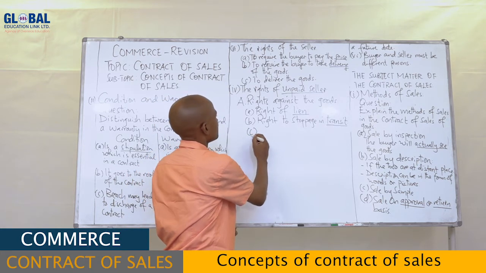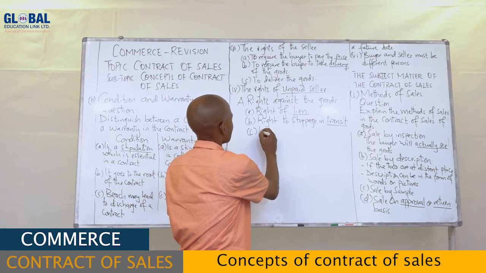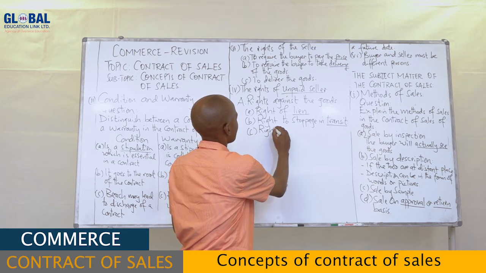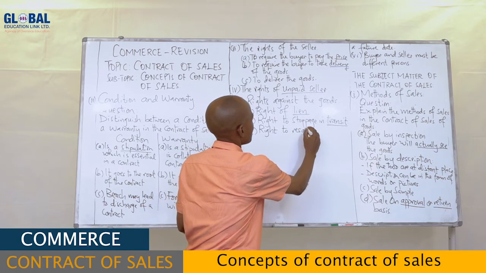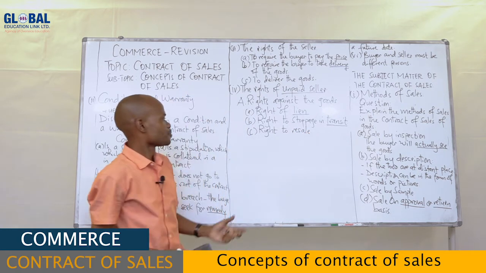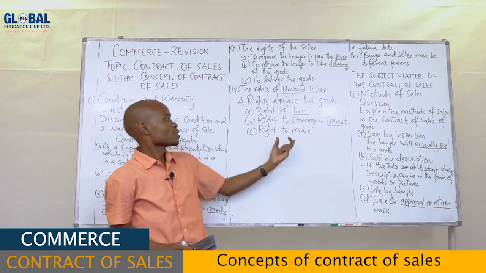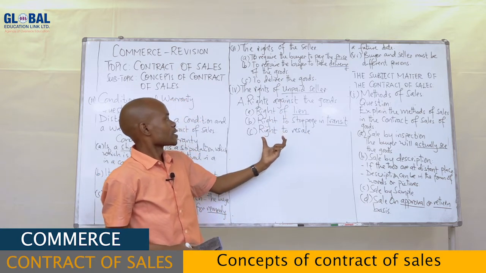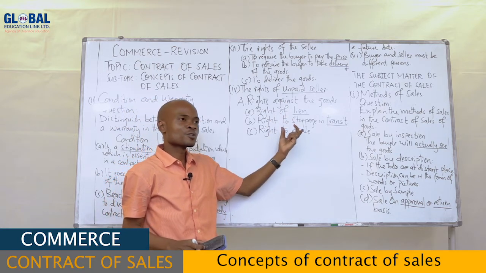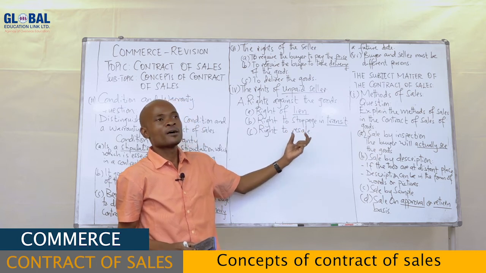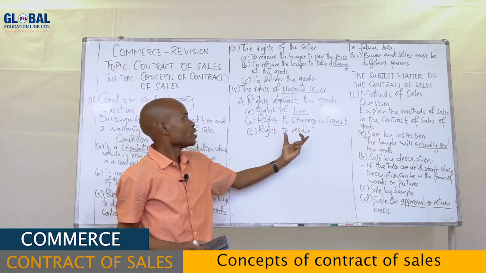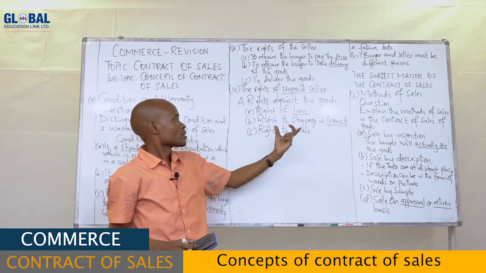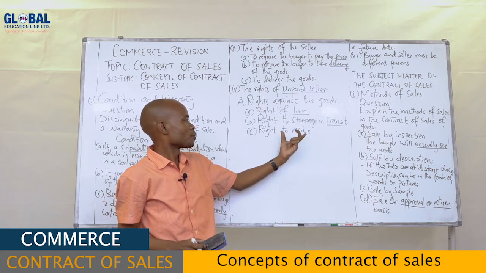Then another right is the right to resell. In this situation, the seller has the right to resell the goods to another buyer. This can be when he discovers that the goods are perishable and the current buyer is not able to pay.